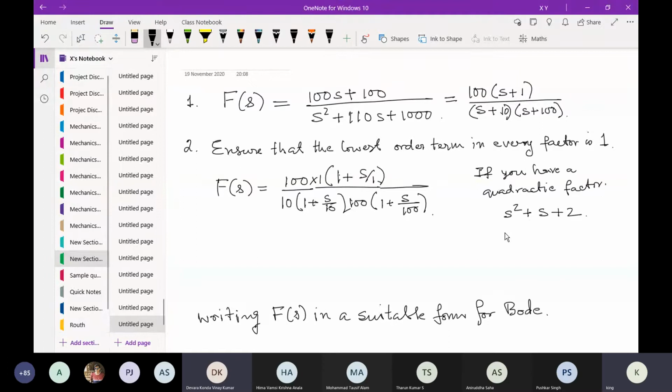So in this case, this will become... this term is particularly important in case of a quadratic factor, as I will show later, because when we write this as j omega, then this will become omega square by what we will call omega 0 square, where omega 0 will be a kind of a resonance frequency for this factor.